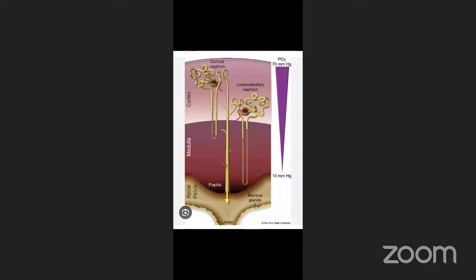Now, getting back to this animal that will have a lot of water in its body or is subjected to a lot of water, it will have a larger Bowman's capsule with a larger glomerulus.